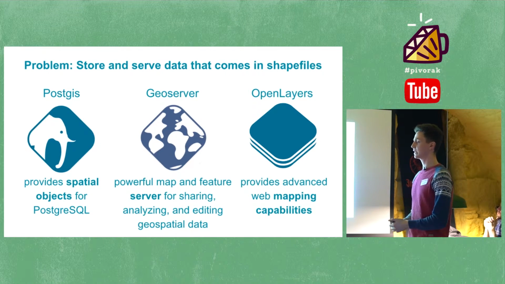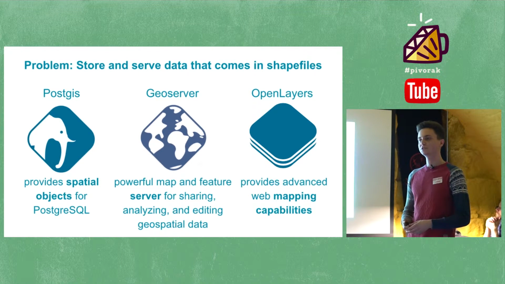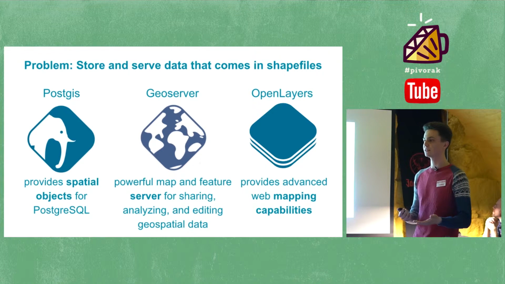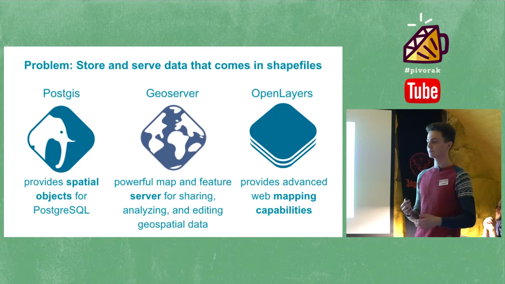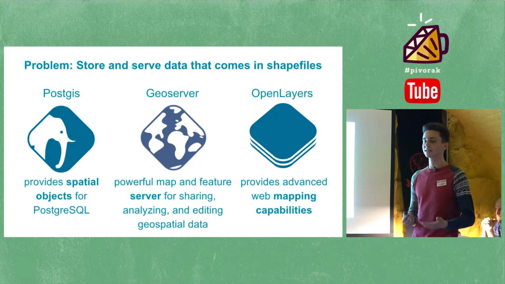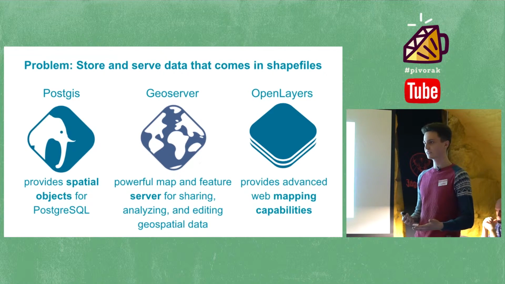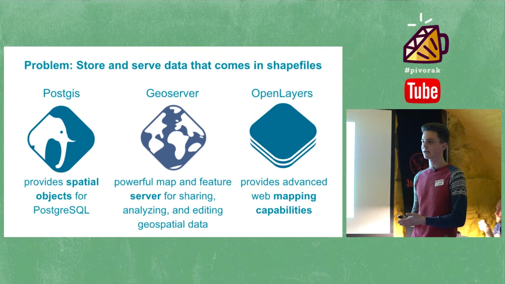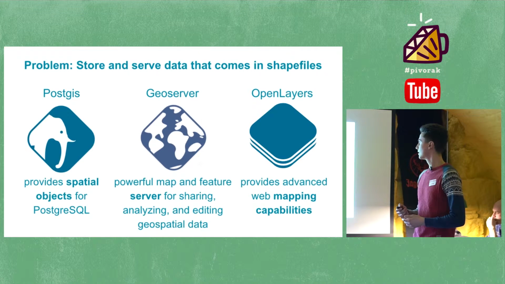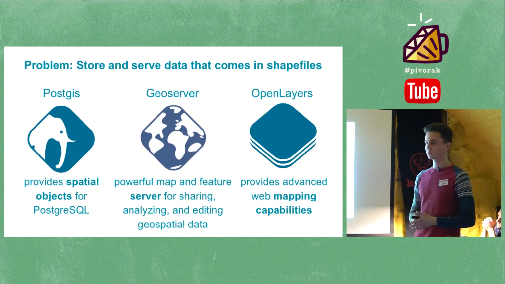So my problem was I needed to store and serve geospatial data that ships in shapefiles. Shapefiles just include a set of points, lines, and polygons which are referencing the map. So I used just three components from the OpenGeo Suite.